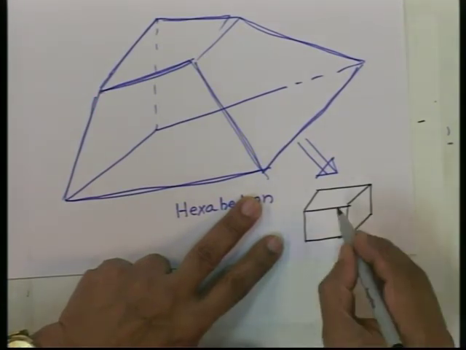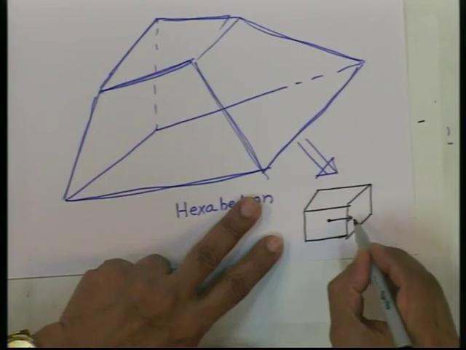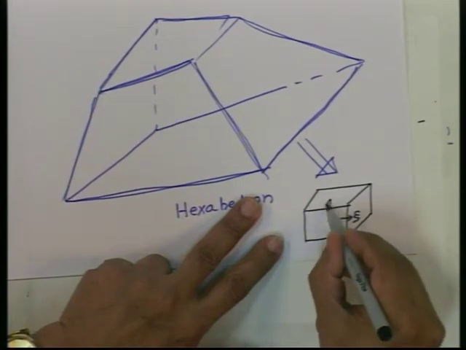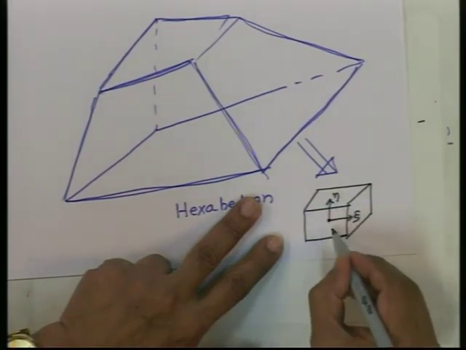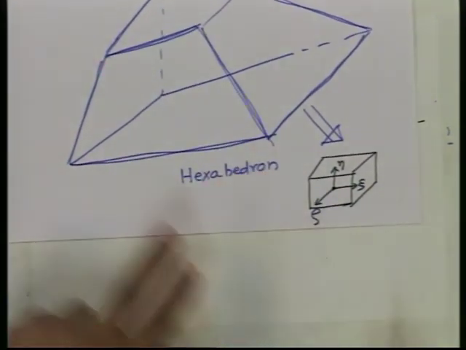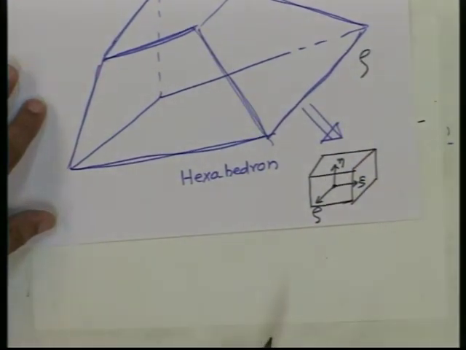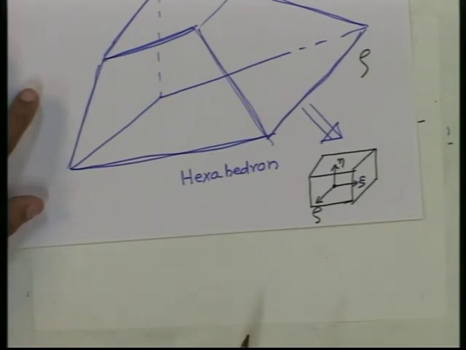This will be transformed into this, where you will have the coordinate origin in the center, psi, eta, and then zeta.